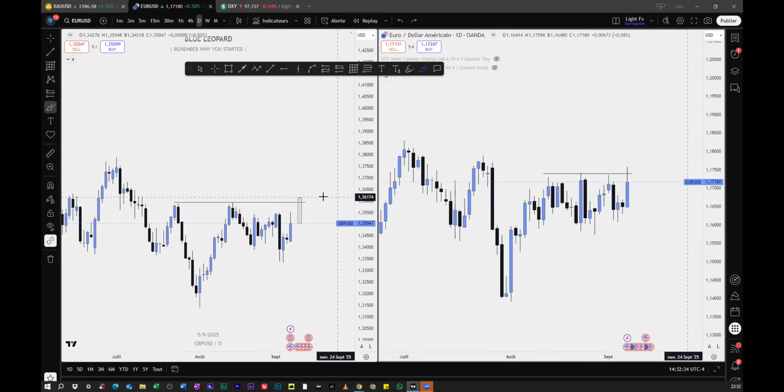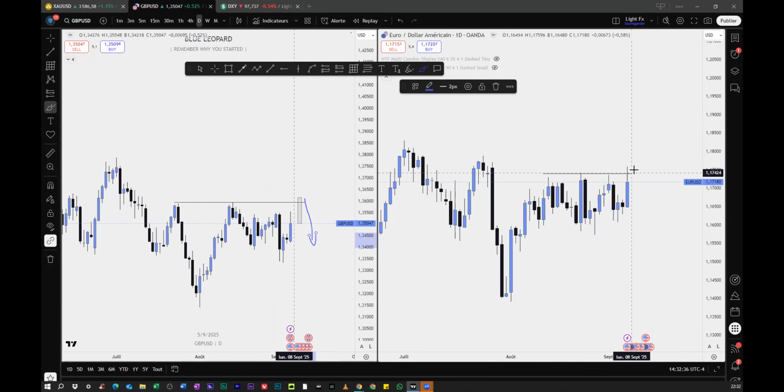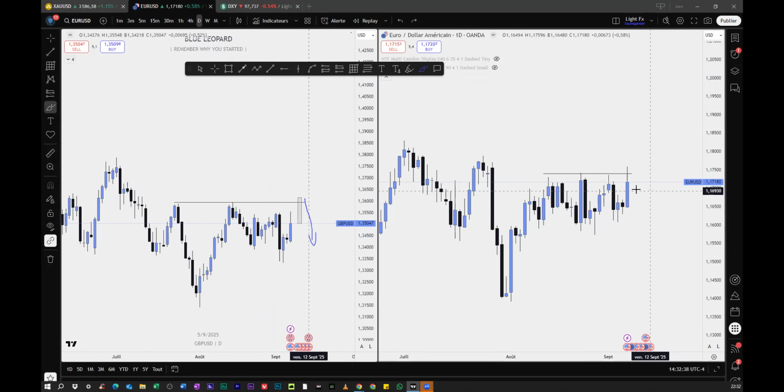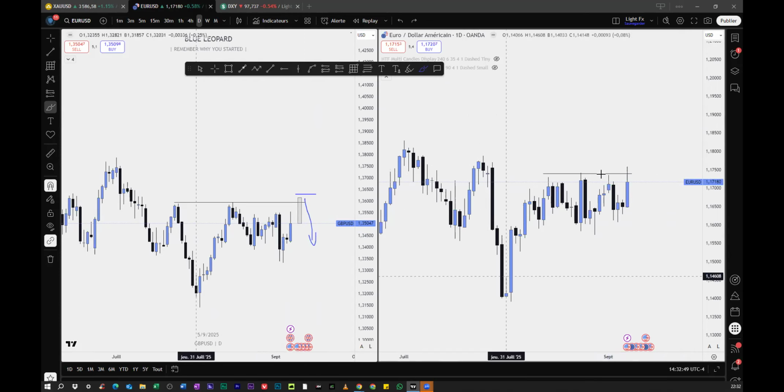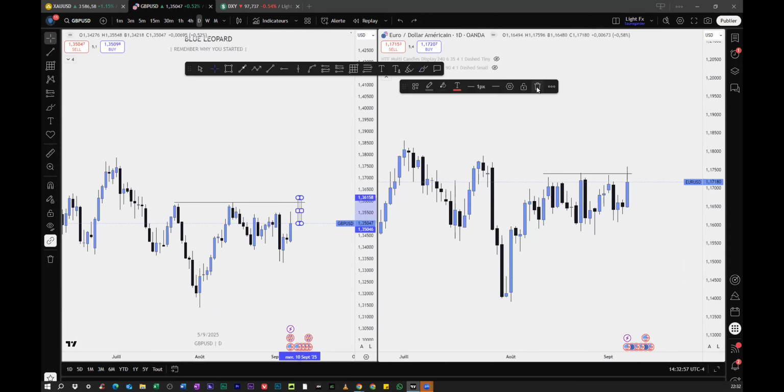And when it catches up, then they can all drop together, or you will see GBP close above here while EUR will not close above. It will create another divergence, and then from there we'll be sure that price will drop. When you have divergence, it's a sign that price will reverse, opposing the direction that the price was going in.